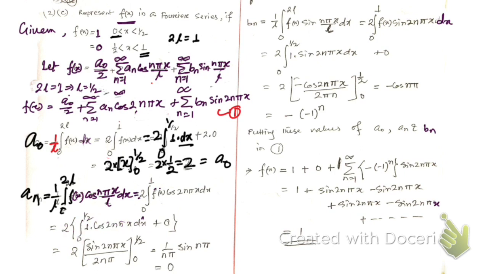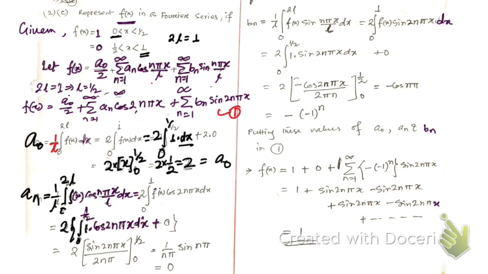So now this is 2 into integration from 0 to half of 1 into cos twice n pi x dx.